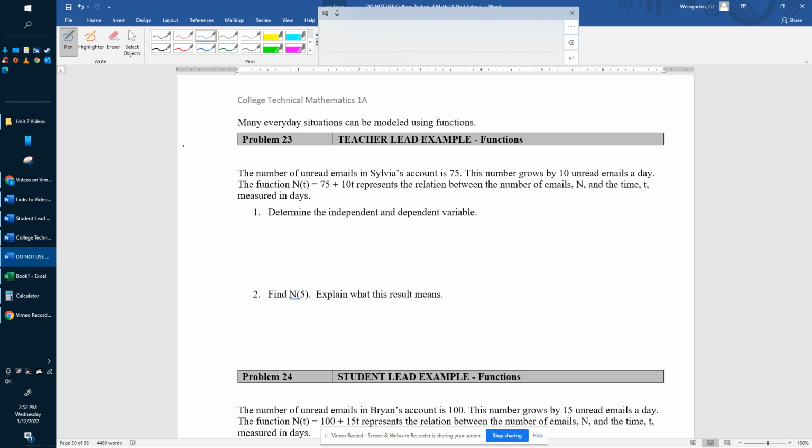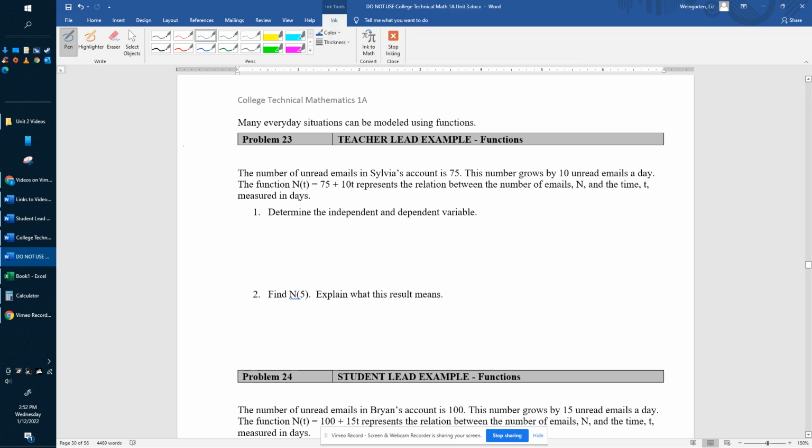So what is the independent variable and what is the dependent variable? So we had talked about before that we got to choose what the dependent variable is. Can we choose numbers of days? I mean, we could plug in numbers of days and see what we get. So essentially, when we see the function notation, that's giving us a hint as to what the dependent variable is.